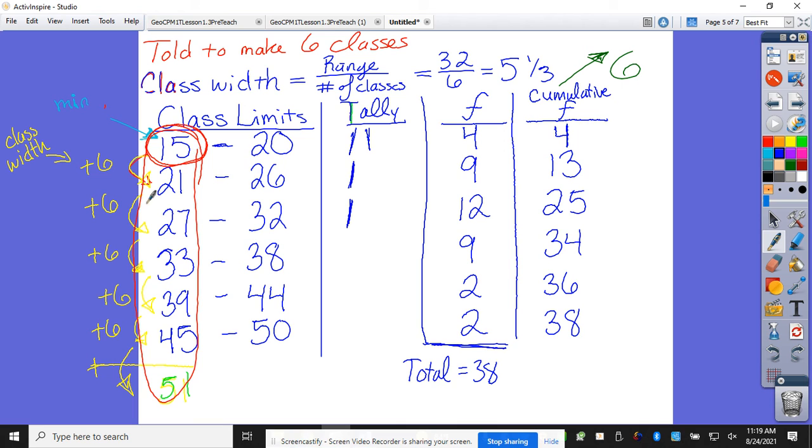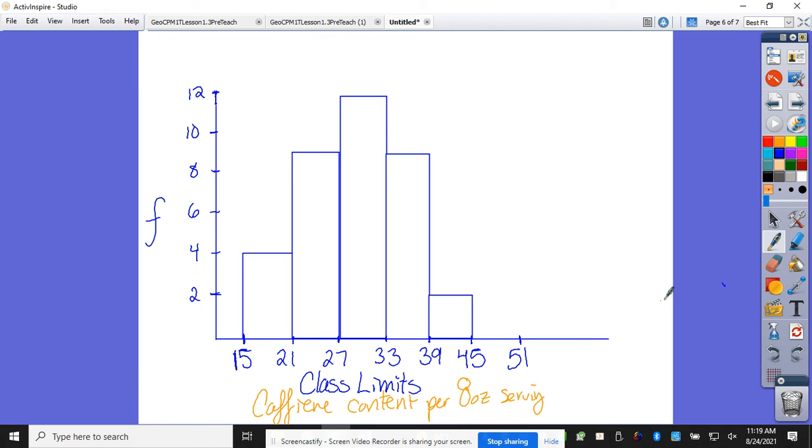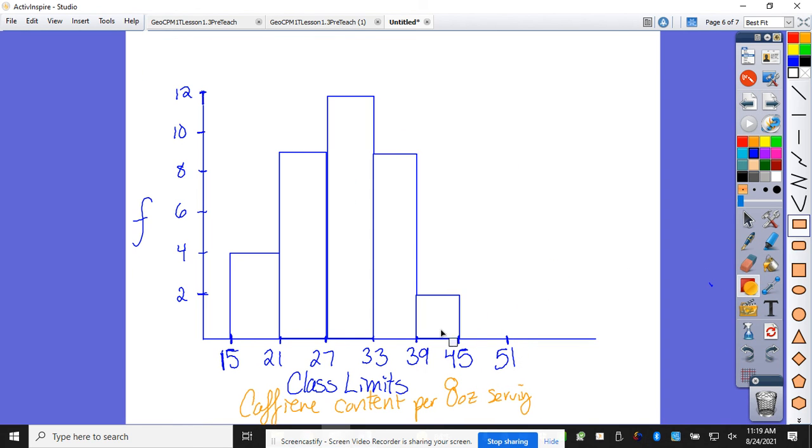I write it this way and say these are the ones that have to be on my number line. $15, $21, $27, $33, $39, $45, and $51 are all the ones that are on the x-axis. So that I have enough for that bar.